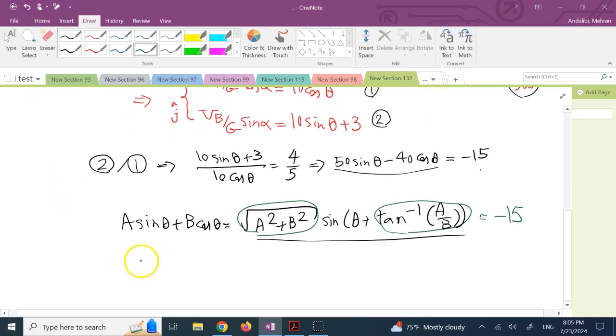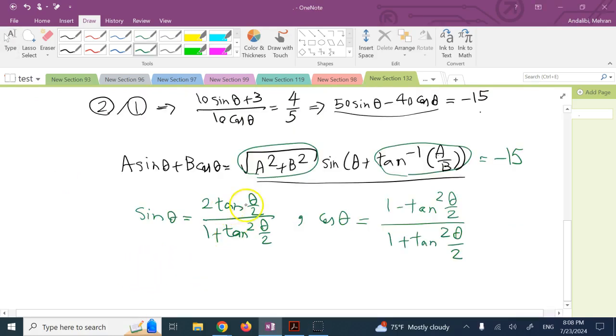The other way is to use the tangent of half angle. So you can say that sine of theta equals 2 tangent of half angle over 1 plus tangent squared of half angle, and cosine theta is 1 minus tangent squared half angle over 1 plus tangent squared half angle. If you plug them in there, you get a quadratic equation in terms of tangent of half angle.